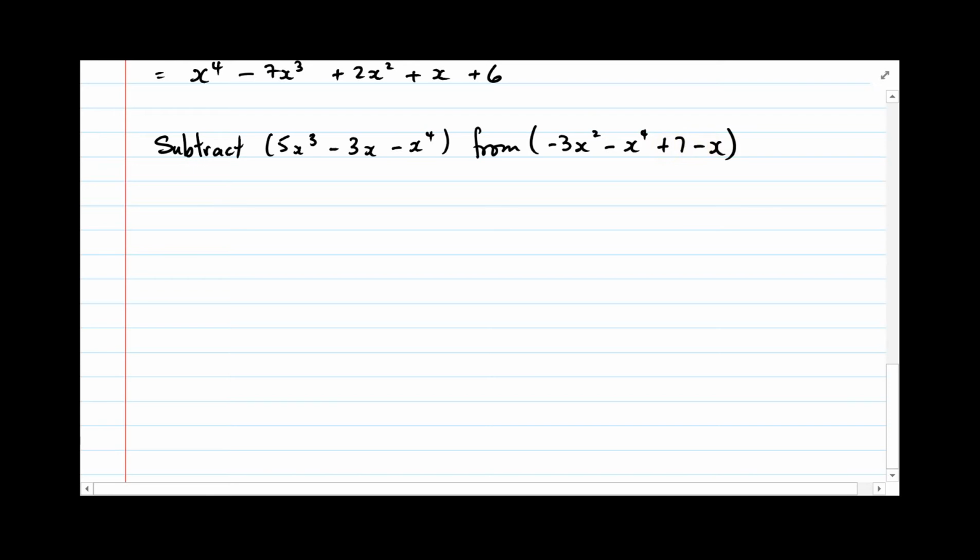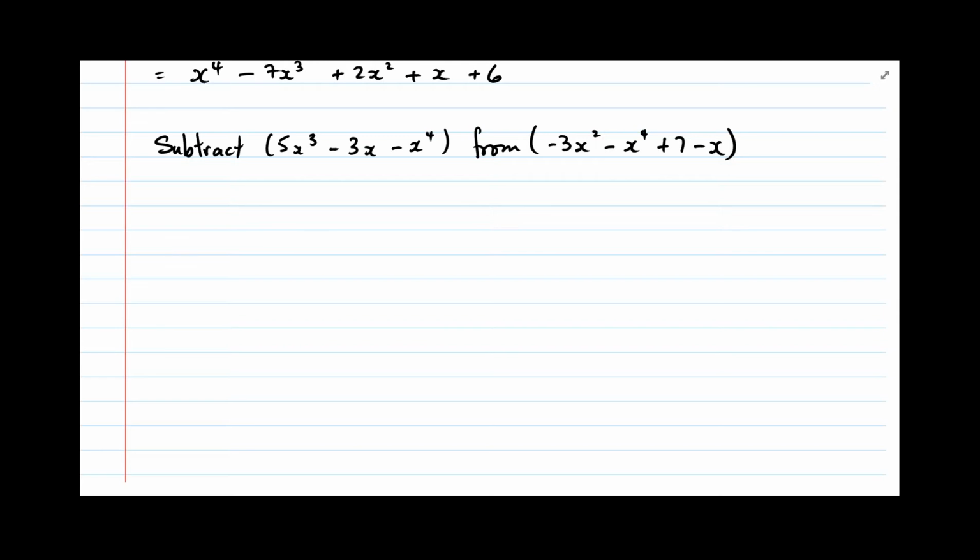Alright, so let's put a little bit more into this. We have these two polynomials, which I want to subtract one from the other. They're not aligned or they're not ordered. So one of the things that we may want to do is order them and put them one on the other.